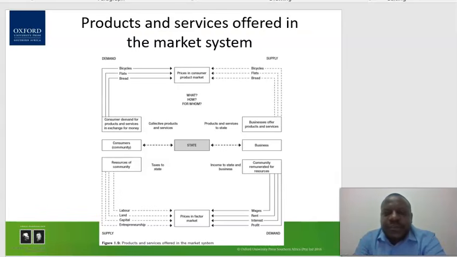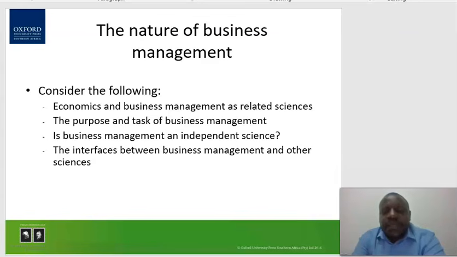This slide explains the products and services that are offered in the market system. We will not dwell much on this because it's just showing the products and services that are offered. For now, we can look at the nature of business management, and what we are supposed to focus on is economics and business management as related sciences.